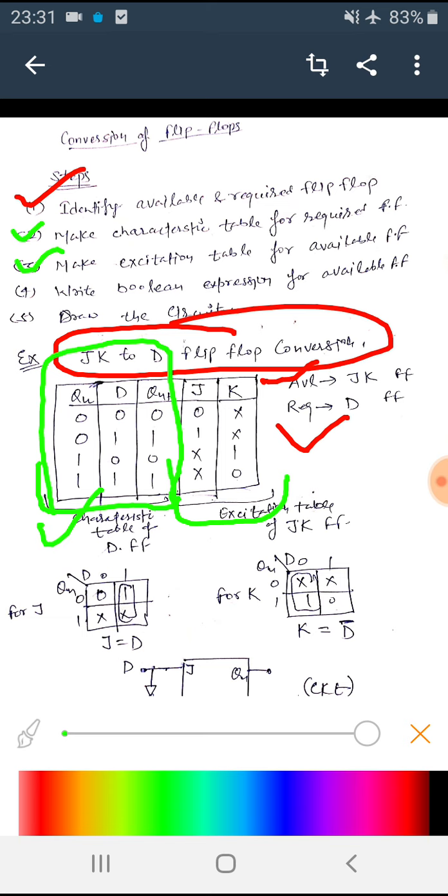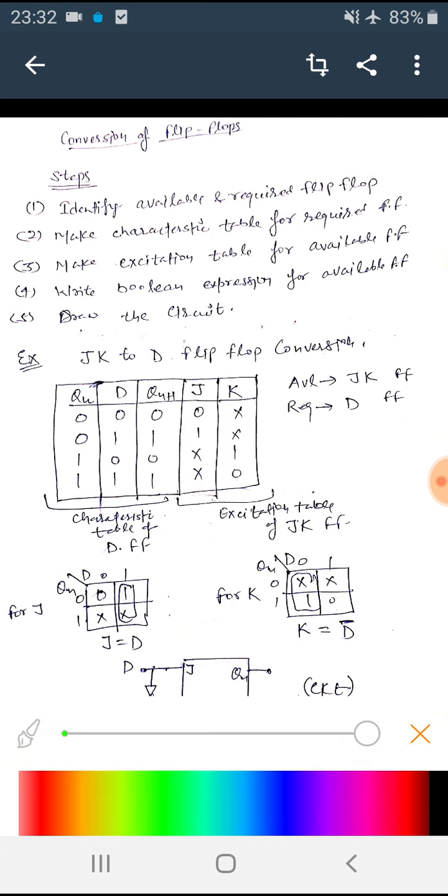The characteristic table can be made easily from the truth table. If the previous state was 0 and I provide 0, then the next state would be 0. If it was 0 and I want 1, then D will be 1, because as we have already seen, the next state is equal to the input provided in the D flip-flop. If it was 1 and I want 0, I will provide 0.